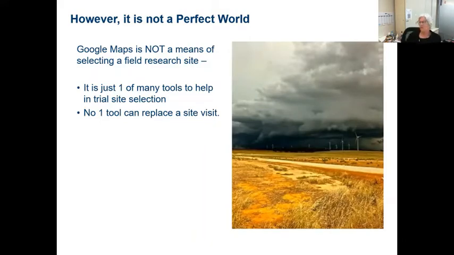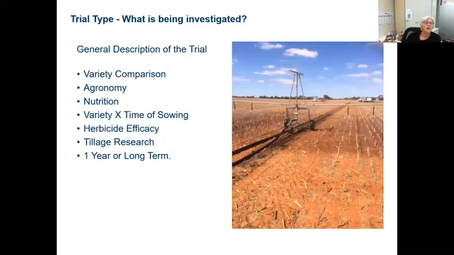It will tell you whether it's non-wetting or wetting, and gives you a rough idea, but you definitely need to visit the site and not just select from one of the tools that you have. But of course, we're not in the perfect world.